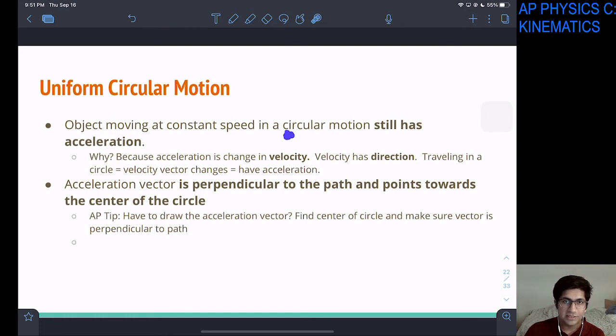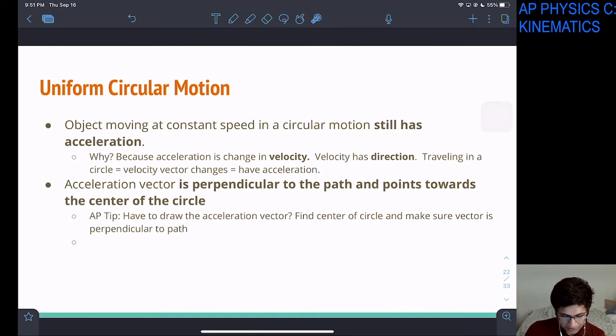In 1D kinematics, we usually had constant acceleration. In 2D kinematics, acceleration is a derivative of velocity. What is a change in velocity? We could have a change in the actual magnitude of the velocity, but we could also have a change in the direction. So we could have the same speed but go in a different direction, and that will cause acceleration.